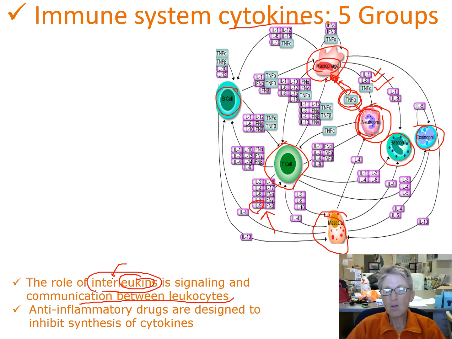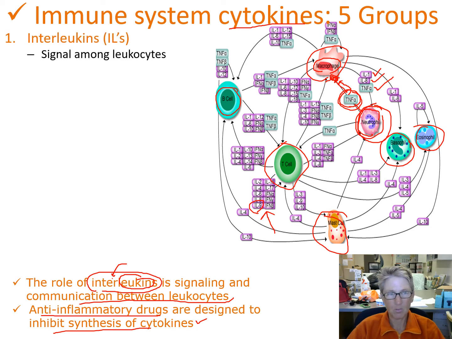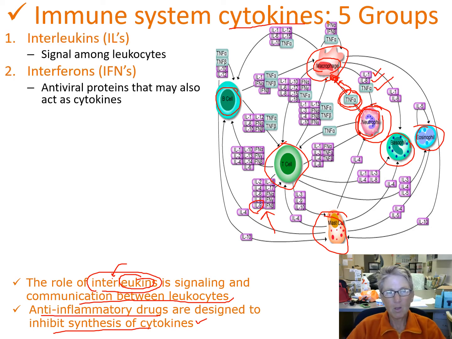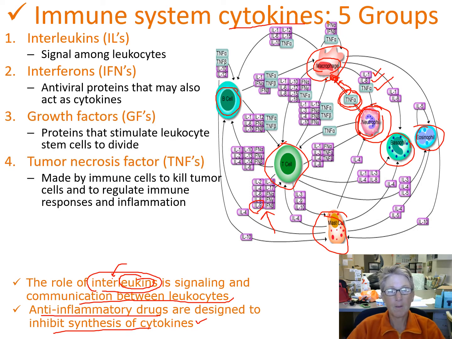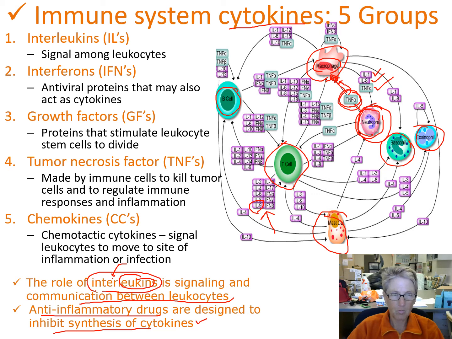And then humans have designed anti-inflammatory drugs. Those drugs inhibit the synthesis of cytokines so that inflammatory cells cannot create an inflammatory process, or at least it's attenuated. So there's the interleukins, there's the interferons, there's growth factors, there's TNF, tumor necrosis factor, and chemokines.